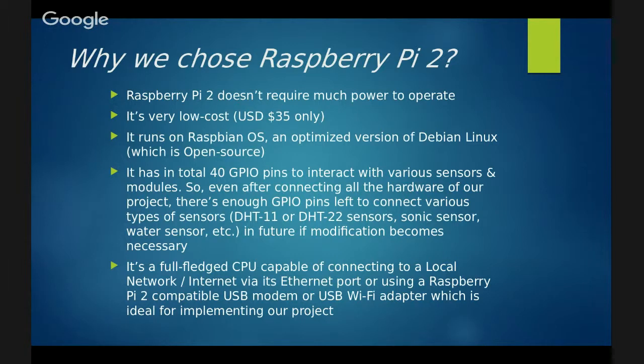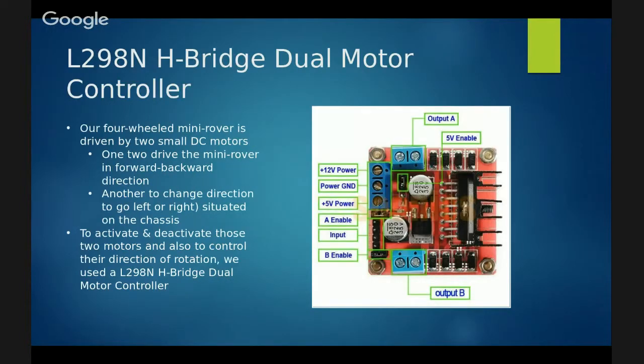Next, for controlling the mini rover, we have a dual motor controller called the L298N H-bridge. It's a dual motor controller because our mini rover is driven by two small DC motors, one in the front to drive the mini rover forward and backward, and the other one in the rear that makes the rover go left and right.